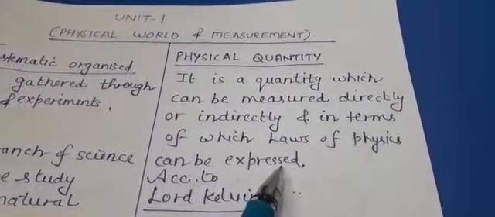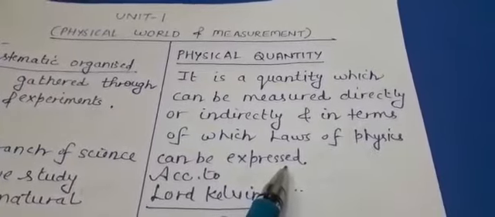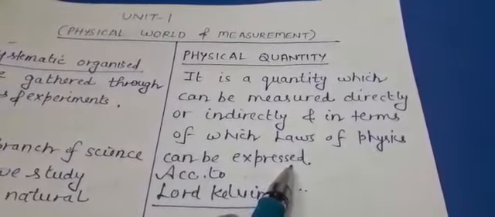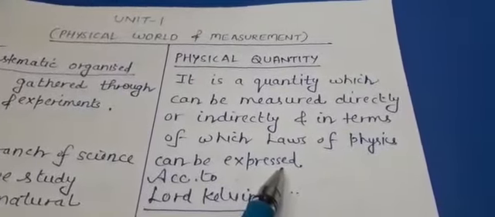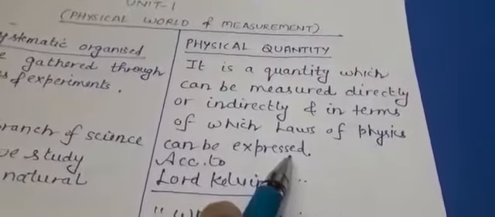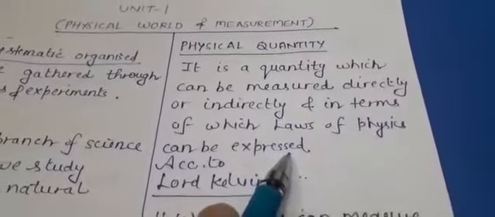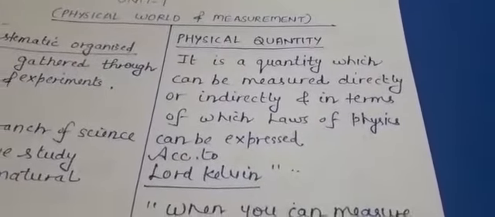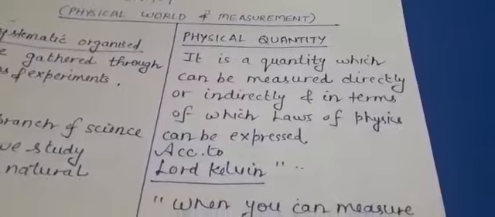Suppose you have to measure force, acceleration, momentum, and many more such quantities. How can you measure them? Suppose you have to measure momentum. If the mass of an object is known to you, momentum is mass into velocity. Velocity you can get by certain means. Unless mass is multiplied by velocity, you will not get momentum.